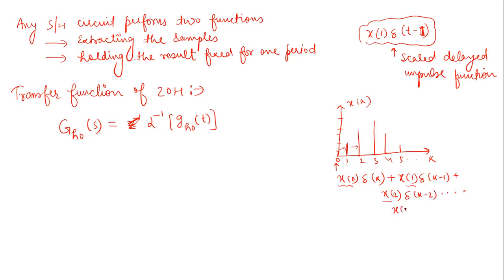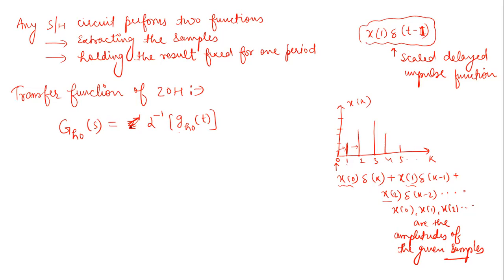So x0, x1, x2 and so on are the amplitudes, or values, of the given samples. That means we can represent any given sample sequence as a scaled delayed impulse sequence, right?